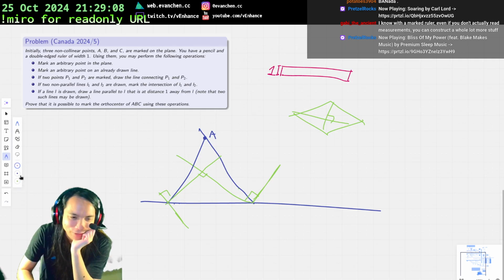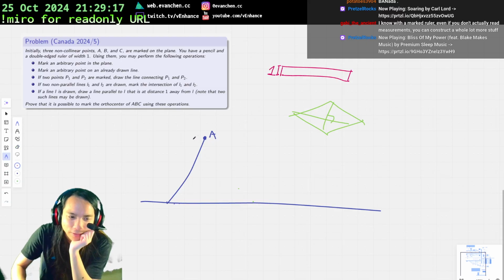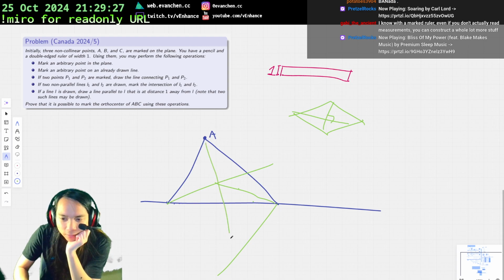I'm sorry, this picture's awful. Let me try again. So I can bisect, bisect, bisect, bisect. And okay, I'm really bad at drawing this.